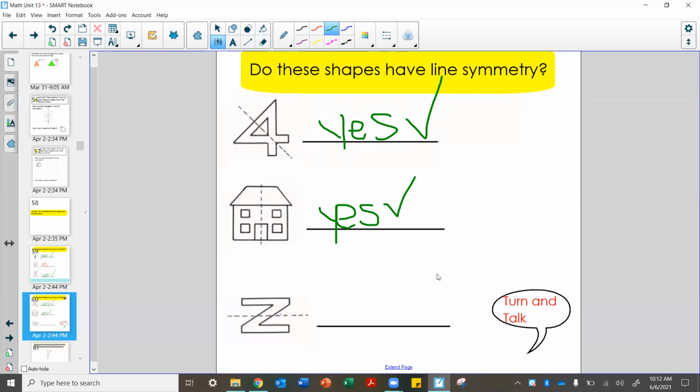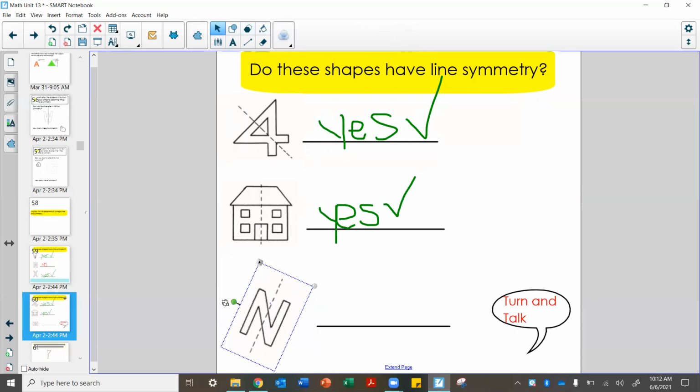And our last shape, okay, and remember how I rotated the 4? Think about it the same way. And if I folded the bottom part of, it's like a capital Z or an uppercase N that's rotated, would it match up with the top?